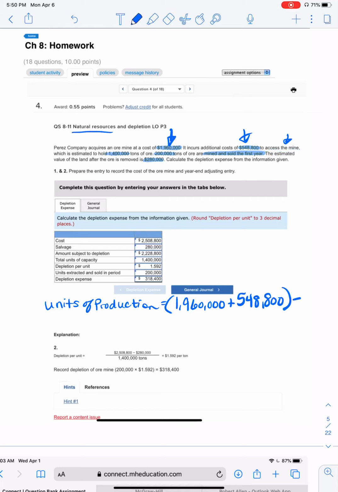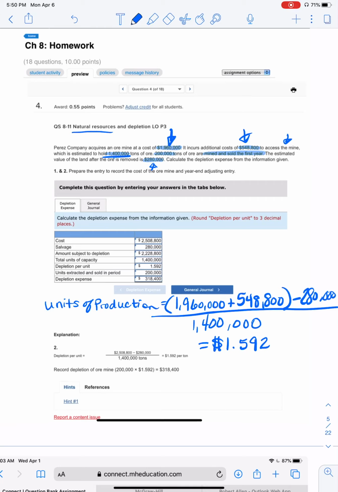We will then subtract the salvage value, which it tells us is $280,000. We'll then divide this entire numerator by my total tonnage of 1,400,000 tons, and that falls right here. That will give me a rate per ton, which comes out to $1.592.